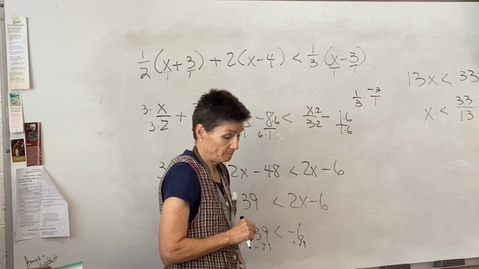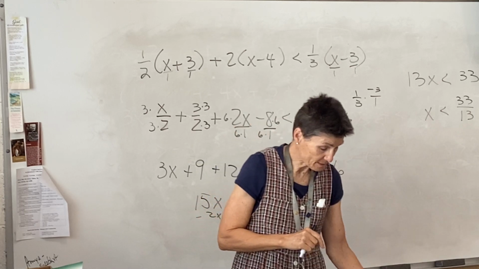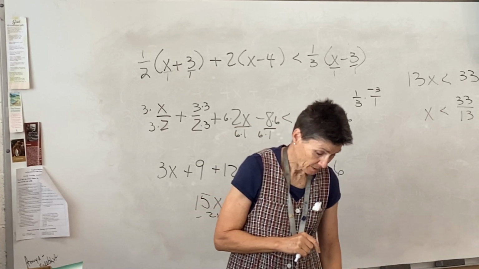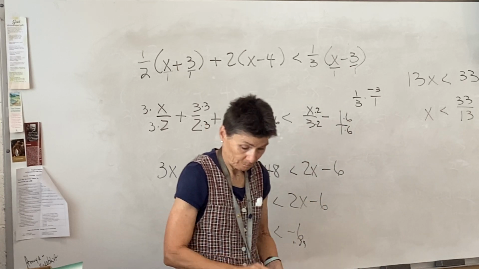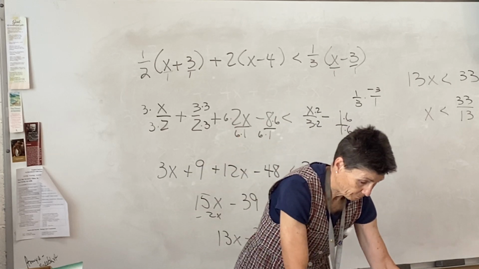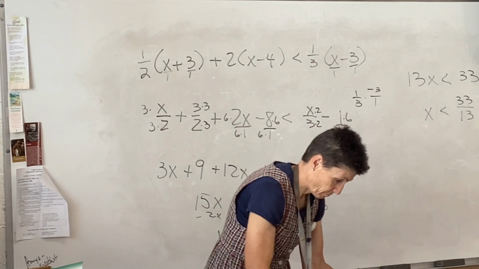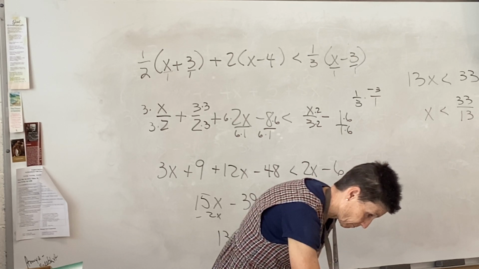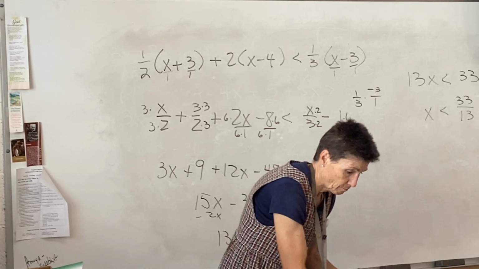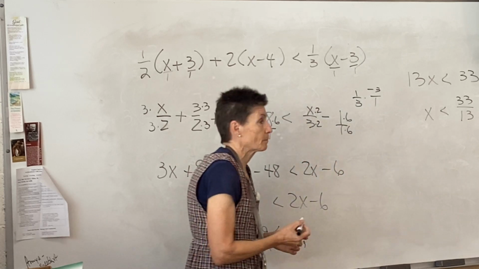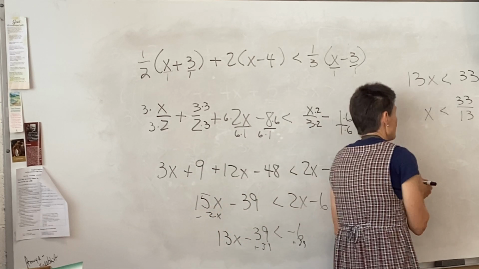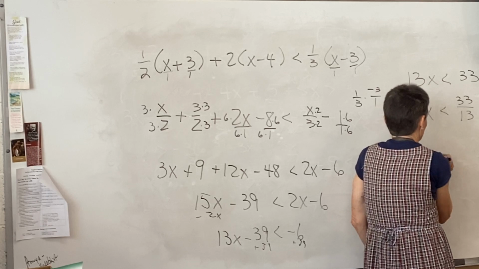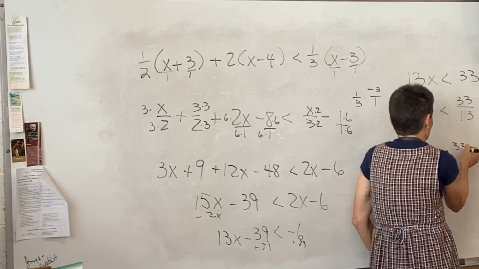Okay, write your interval. Think about what this looks like on the number line and write your interval. Jared, what's your interval? Negative infinity, and then 33 over 13.